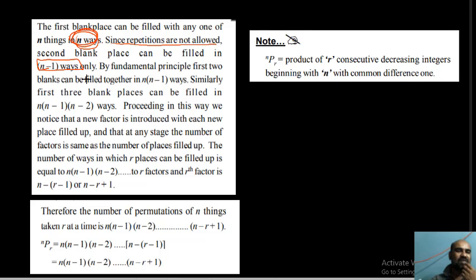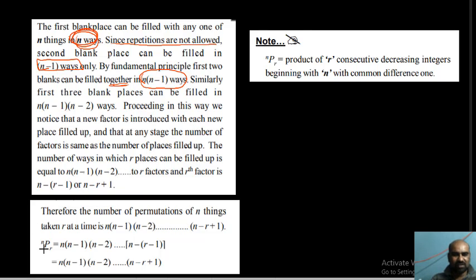The first two blanks can be filled together in n into n minus 1 ways. Similarly, the first three blanks can be filled in n into n minus 1 into n minus 2 ways. And so on. So the first r blank places can be filled in n into n minus 1 into and so on, n minus r plus 1 ways.